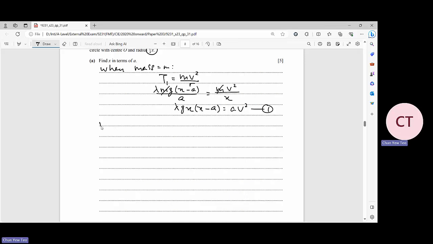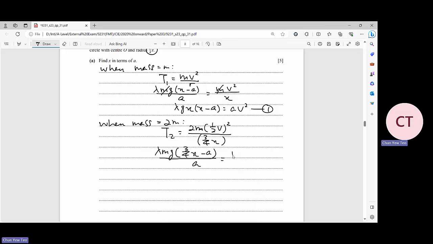Then when the mass is equal to 2m, so you have a T2 equal to the 2m. The speed now has decreased to become half v only. Then the radius is 3 over 4x. So the T2 is still lambda mg, 3 over 4x minus a, divided by a.